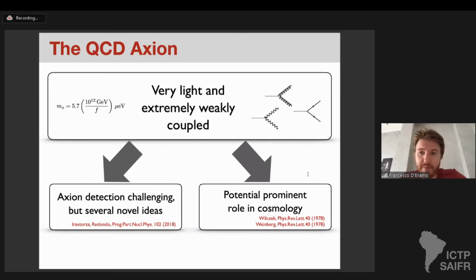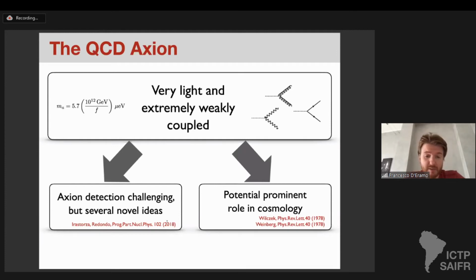So this is a very different beast with respect to WIMPs. It's very light, it's very weakly coupled. So we expect two things. On one hand, the detection is very challenging, especially to probe this range of f and of masses. But as I mentioned, I think yesterday during the Q&A or even maybe during the lecture, there are lots of new ideas, especially in the last decade.